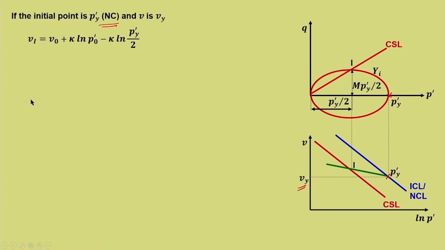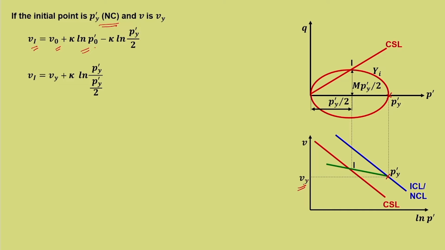So, if that is the case, then Vi can be written as V naught plus kappa ln P naught dash minus kappa ln P dash y by 2. Now, here P naught dash is written in general. Now, our starting point here is P naught dash is equal to P dash y. So, here Vi can be written as, instead of V naught, the starting point is Vy, because it is a normally consolidated point.